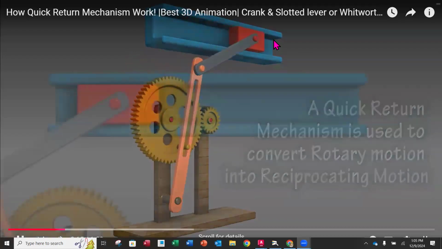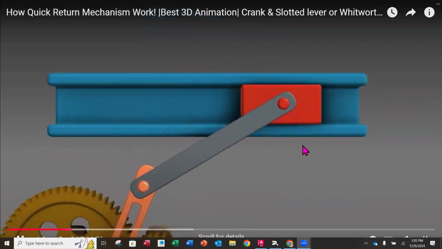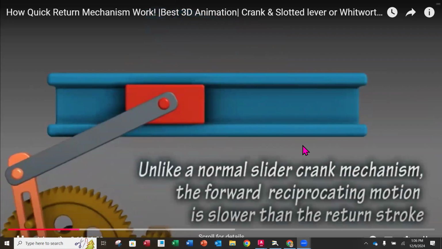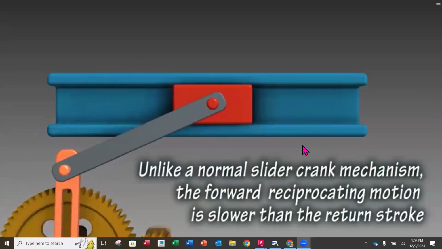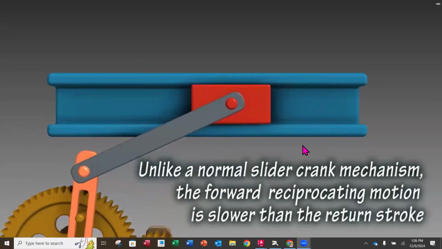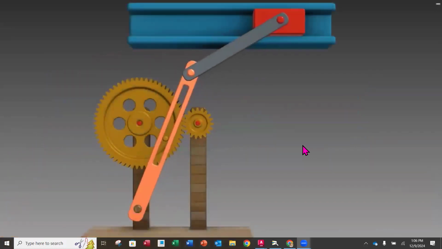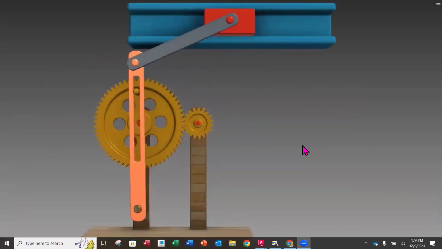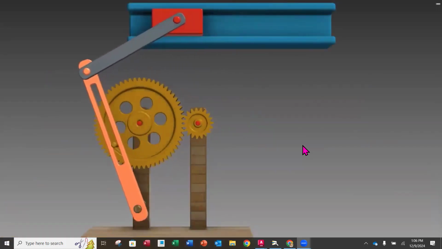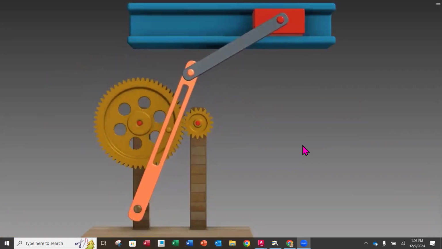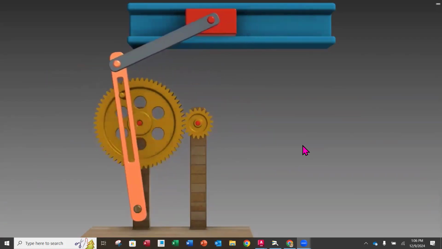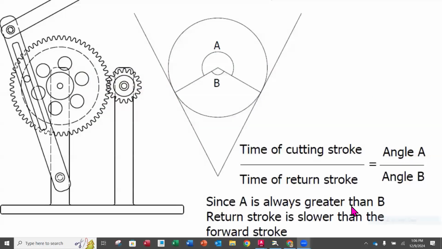And then as it goes back to the right, it's going to be faster. Okay. So this is what we would call a quick return. So the work would be done in one direction, and then it would come back more quickly to start that work cycle again. So this is non-symmetrical.